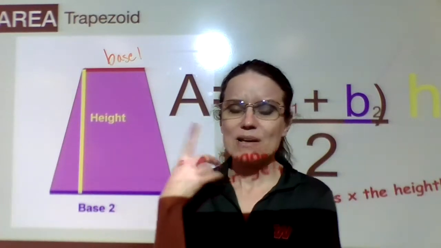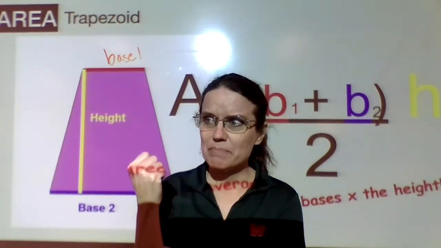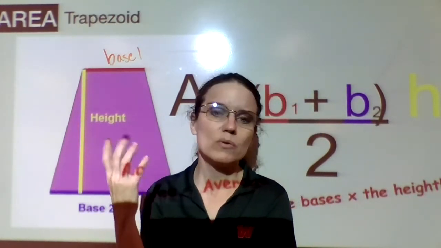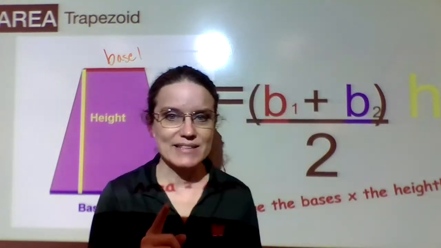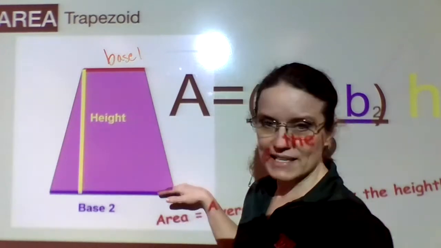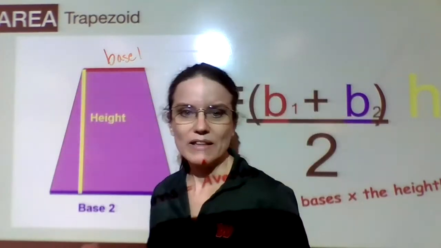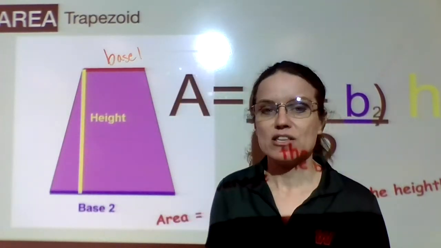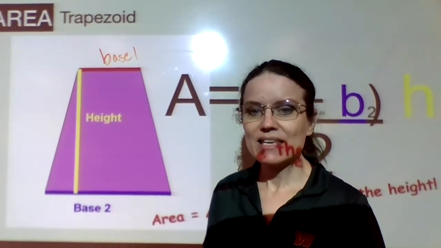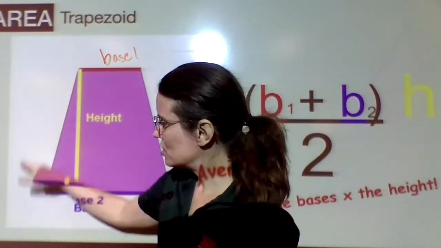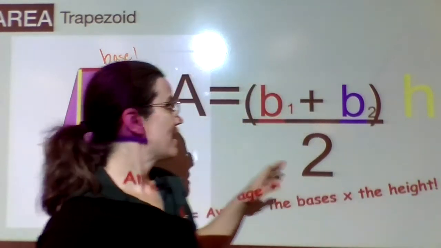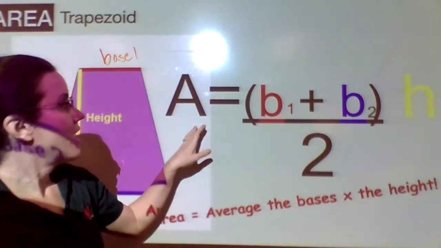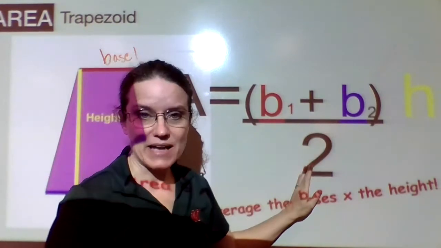And you almost kind of think, wow, this would almost be like a parallelogram if only those bases were the same, but they're not. But fortunately for us, we can say, well, I know one is extra big, one's a little small. If I average those bases, that gives me an average amount to use to multiply times my height. So to find the area of a trapezoid, I'm going to add my bases and divide by 2.